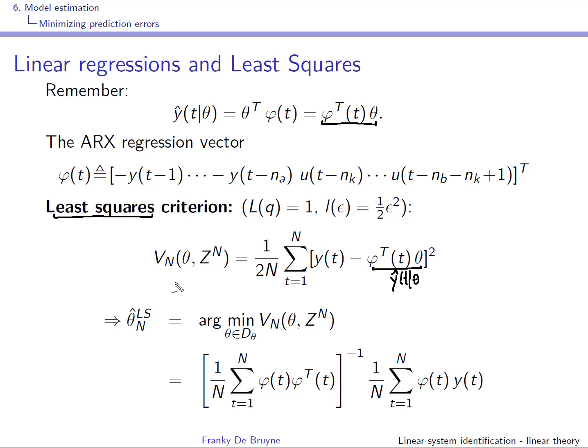So it's quite easy to write the theta that will minimize this function. It looks a bit different to what we've seen before, but if you have had a course on linear algebra, you should be able to find this quite easily.